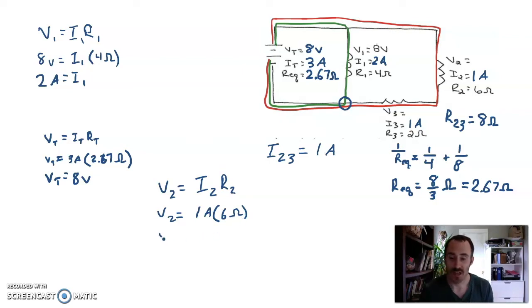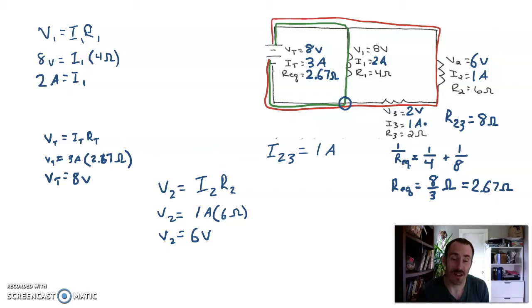And so that gives me a voltage drop, or a potential difference, across that resistor of 6 volts. And so if 6 volts is dropping there, the rest of the 8 volts needs to be dropping over here. And so that's 2 volts.